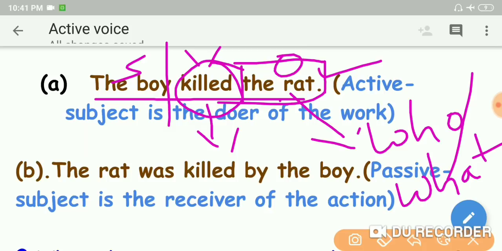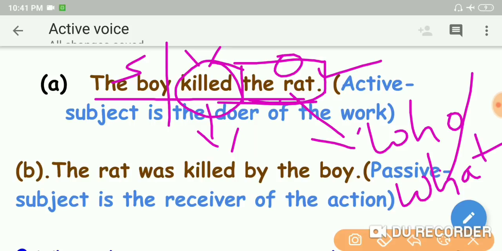For example, here you can ask, what did the boy kill? Here this rat answers the question what did the boy kill. That's why this is the transitive verb. If a transitive verb is there in that sentence, let us go.